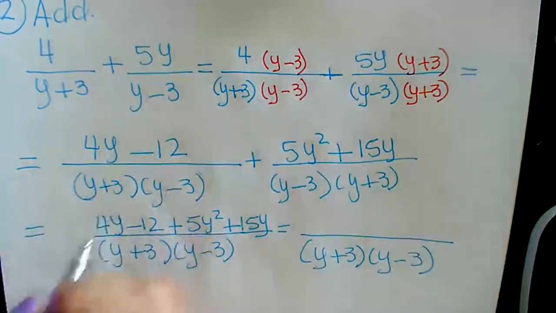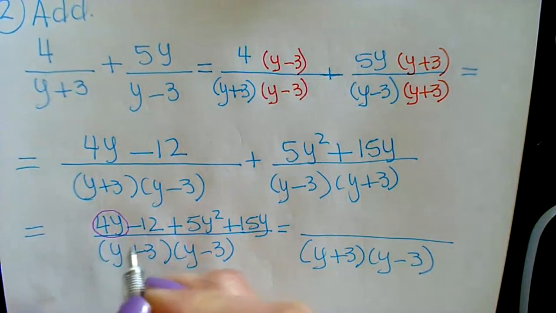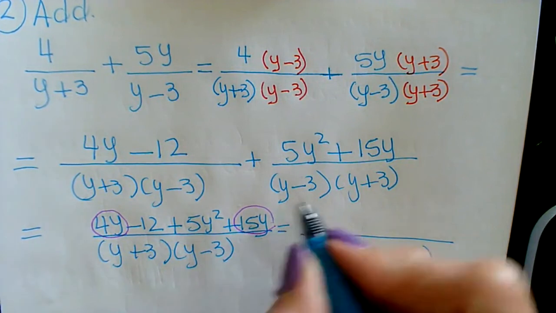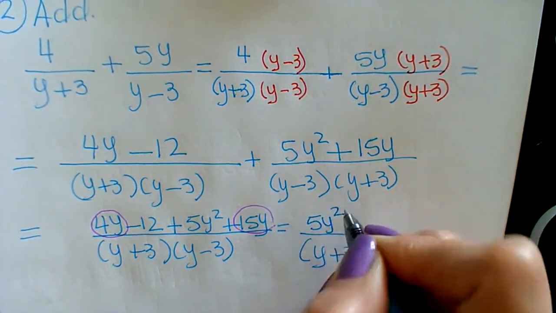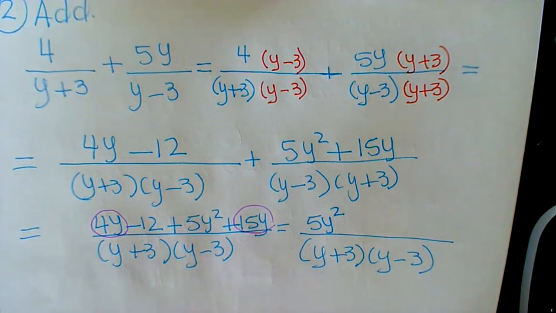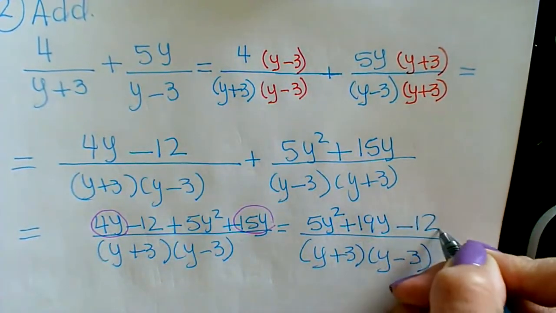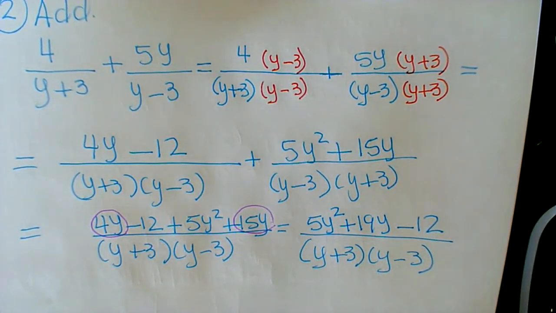So 5y squared goes first. 4y plus 15y would be 19y minus 12. And we just leave it there.